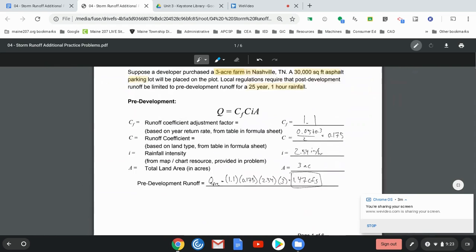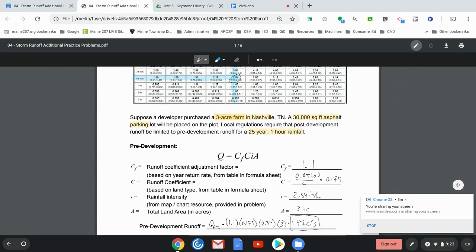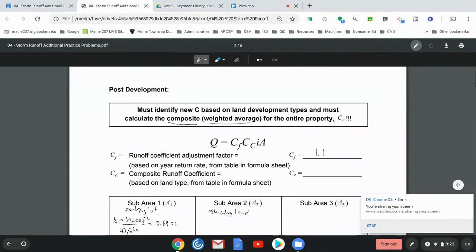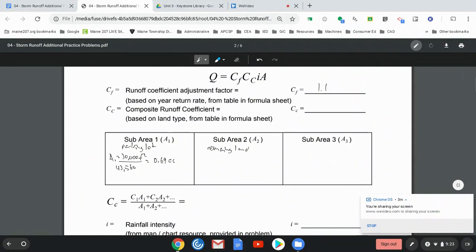Are they doing any kind of planting or developing? Nope, they're really just turning the parking lot into something. So 3 acres minus 0.69 acres, there is a remaining land of 2.31 acres.